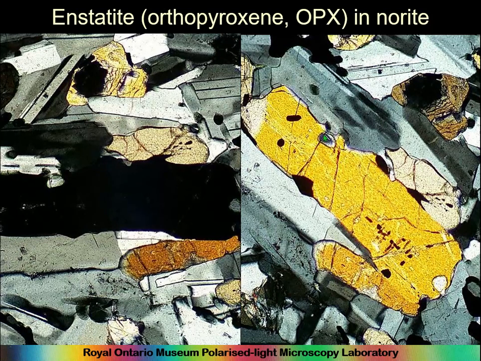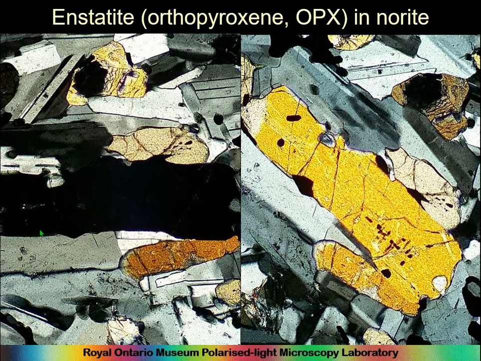So parallel extinction. The orthopyroxenes are in the orthorhombic system. And so that means when they are oriented parallel to the crosshairs, they become extinct because the orientation of the atoms is parallel to the polarized light. And so here you'd be looking for things like cleavages, the sides of crystals, anything with a direction, and you're looking to see what happens when it goes extinct.